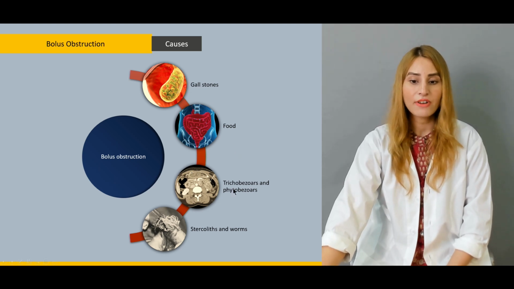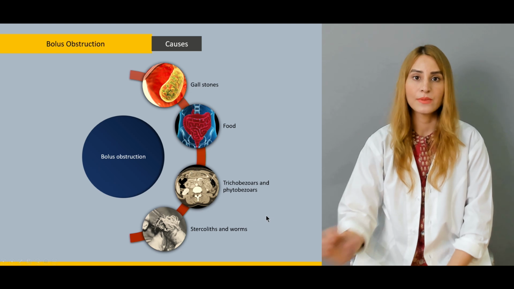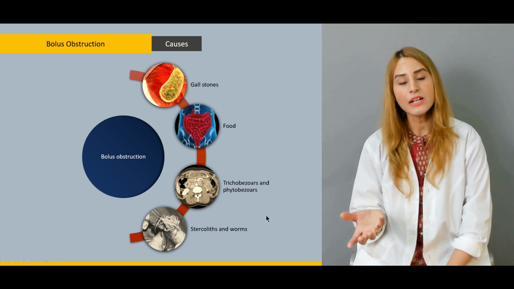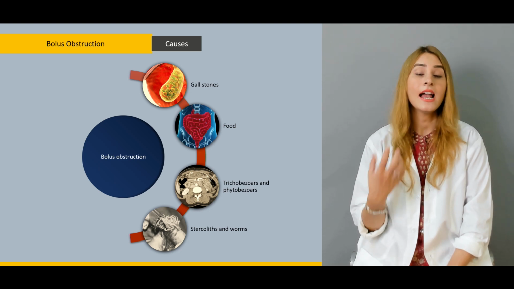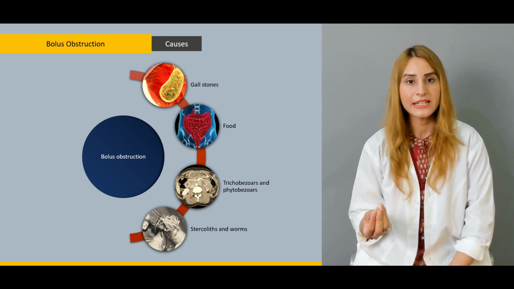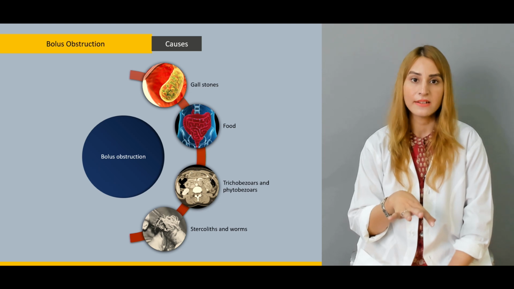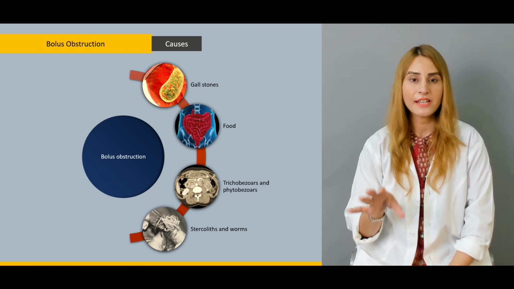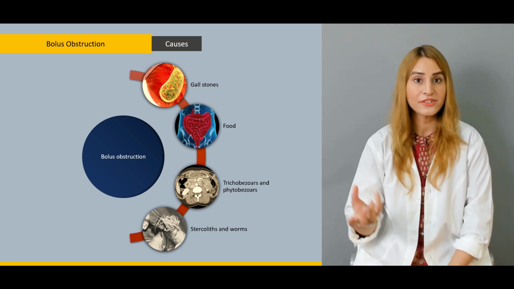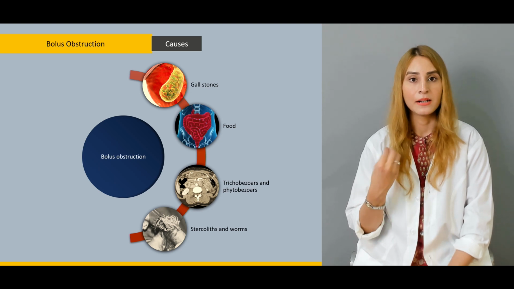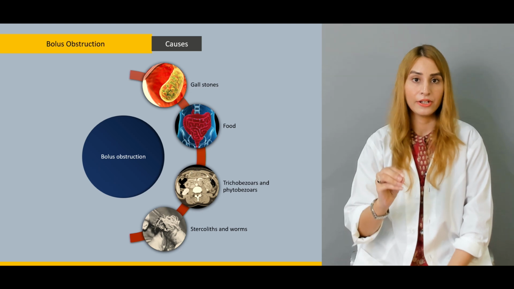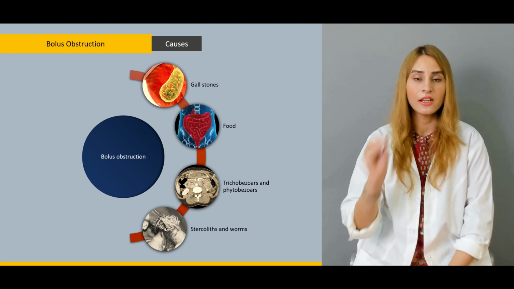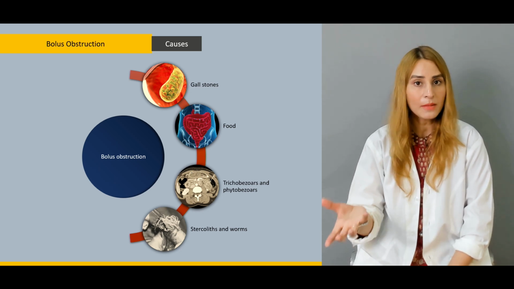Now, if we talk about trichobezoars and phytobezoars, trichobezoar is associated with a psychiatric illness, which is more common in females. In that illness, the patient actually eats up hair. So the hair gets trapped in the lumen of the intestine because hair cannot be digested.